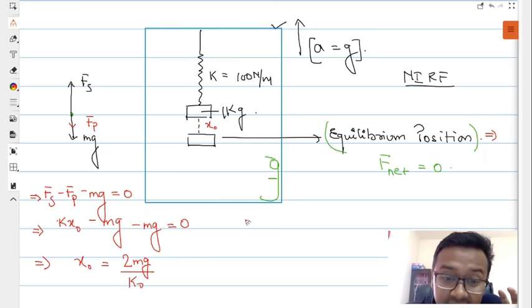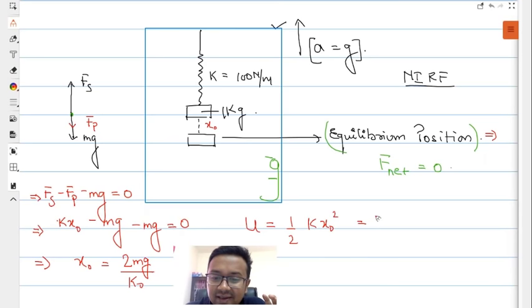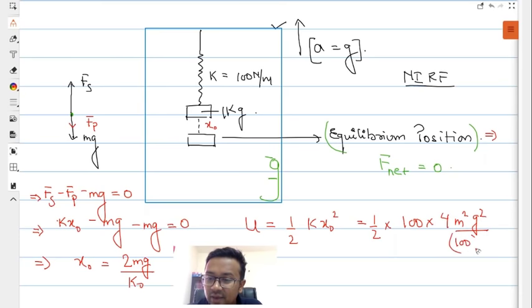Then if I have to calculate the potential energy, it's nothing but half k x naught square. So half k is 100 into x naught square, which is 4 m square g square upon 100 square.